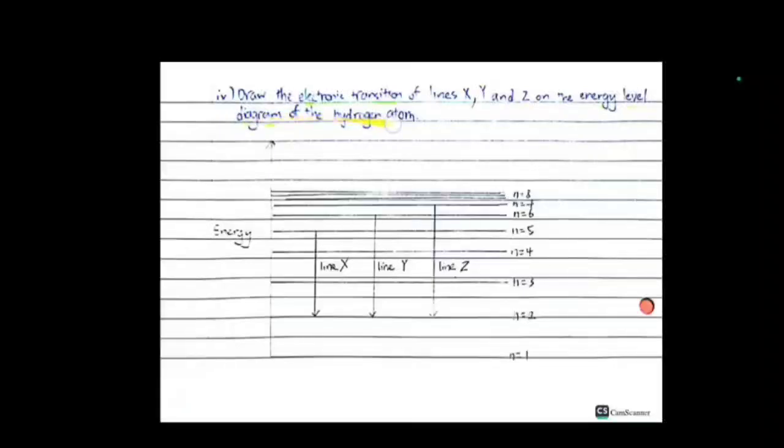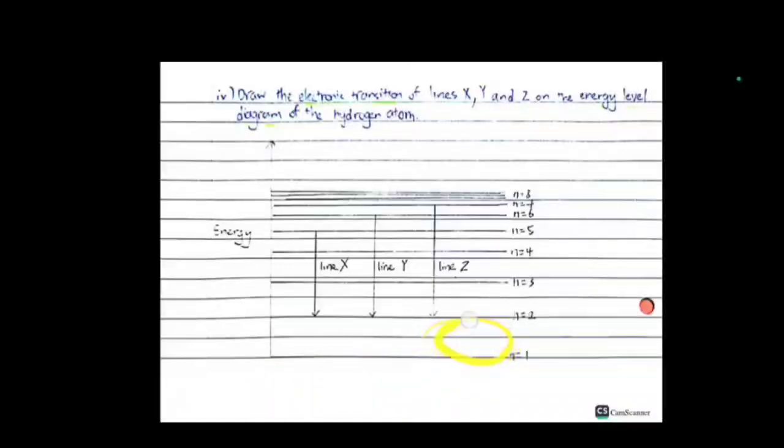Draw the electronic transitions of lines X, Y, and Z on the energy level diagram of the hydrogen atom. So this is the energy level diagram. The x-axis is the energy level and the y-axis is the energy. So how to draw the energy level diagram?